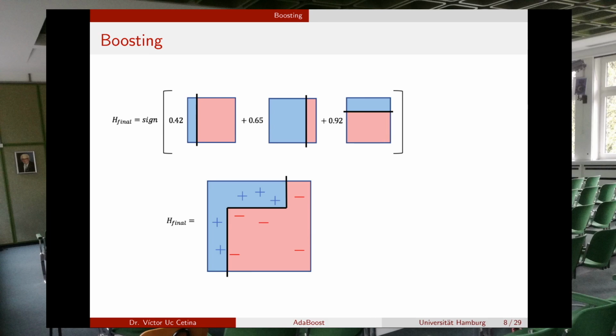If it is positive, then the point that you are evaluating is a positive example. Graphically, if you put together all these 3 classifiers, you will be able to separate positive and negative examples.